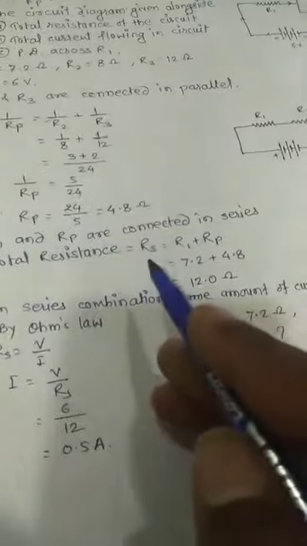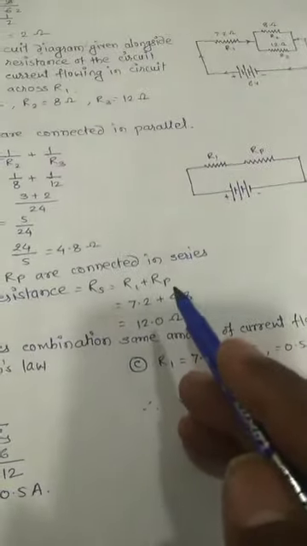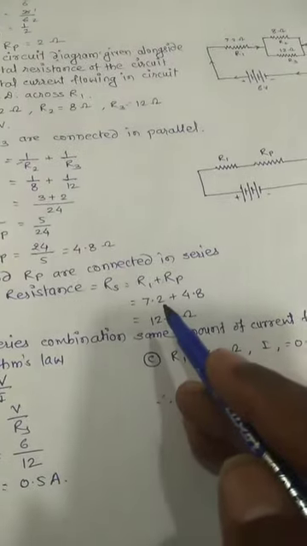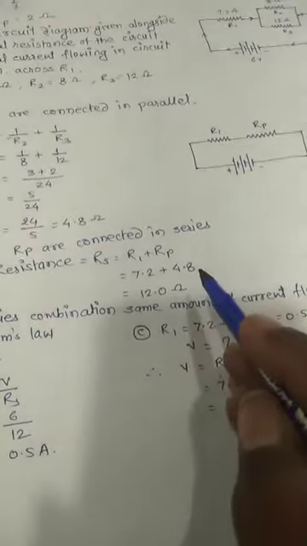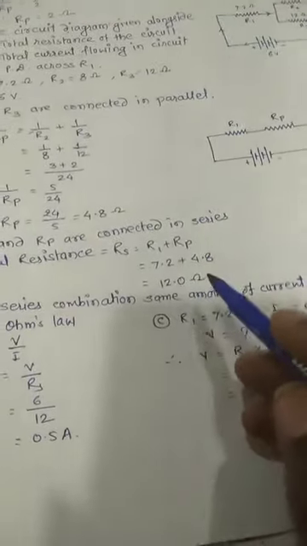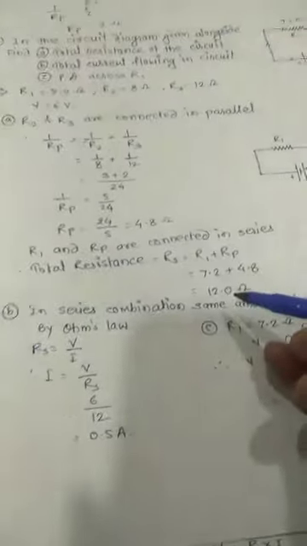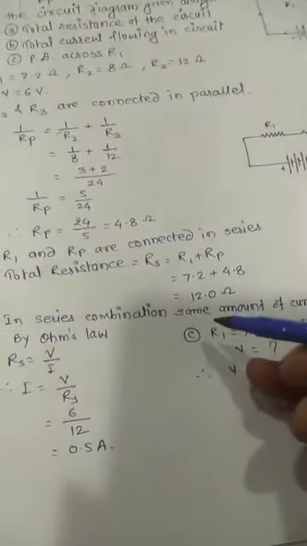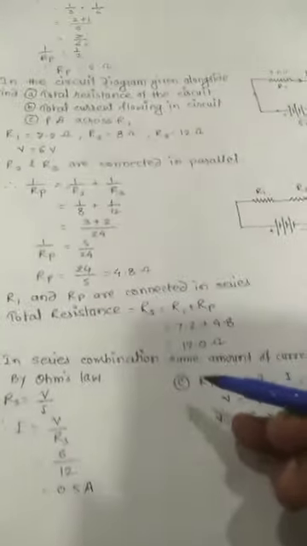They are in series, so Rs equals to R1 plus Rp. R1 is 7.2, Rp is 4.8. So what will we get? 12 ohm. So the first question's answer we got: total resistance of the circuit is 12 ohm. Understood, students? Hope you understand.